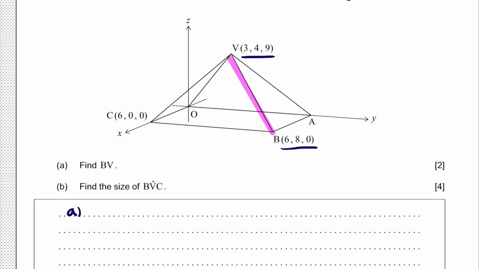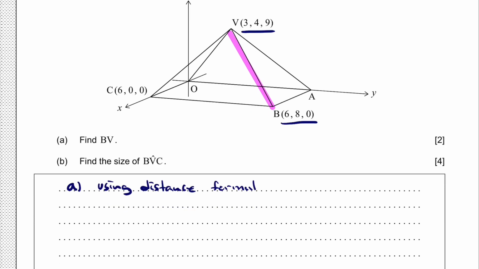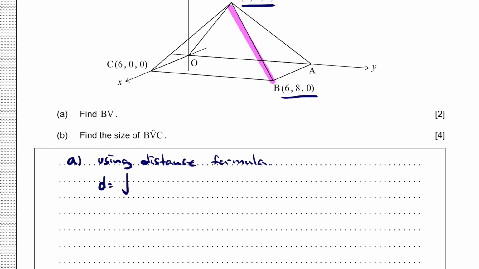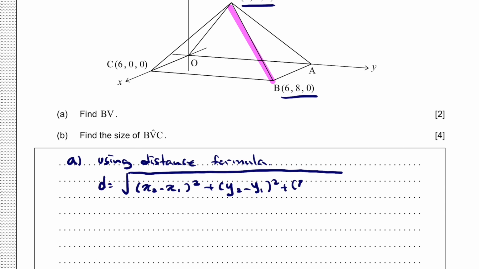So question A, so using distance formula from your formula booklet, we're going to do D equals square root of x2 minus x1 squared plus y2 minus y1 squared plus z2 minus z1 squared.